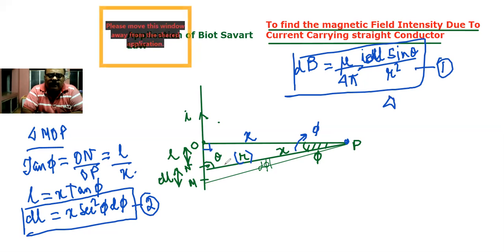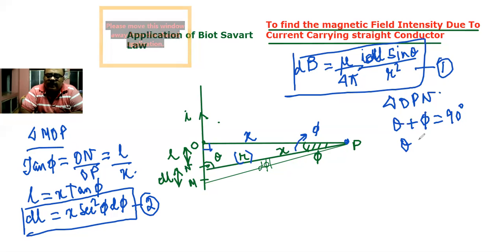Again, in triangle OPN I can write theta plus phi equals 90 degree, because theta plus phi plus 90 equals 180. So this is a right angle triangle. From here I can write that theta equals 90 minus phi.